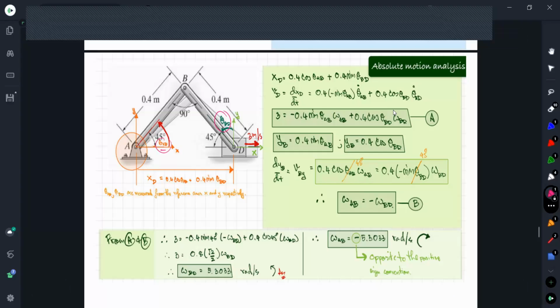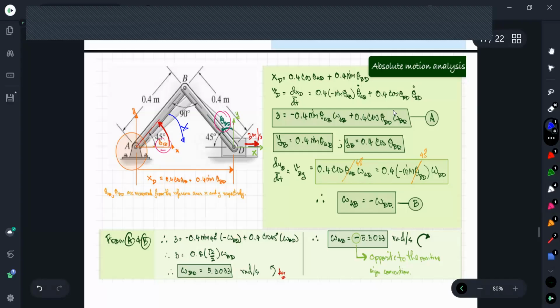For the absolute motion analysis, we may set up the angle depending on us. If we define it like this, you see that it's measured from the reference line to the arm that has the motion. For this case also, we measure from the reference line, that is X, to the line of motion. We will not set up the coordinate like this, with theta AB clockwise.